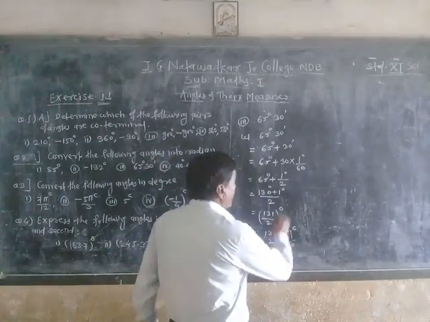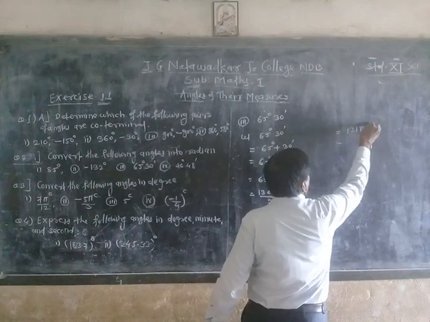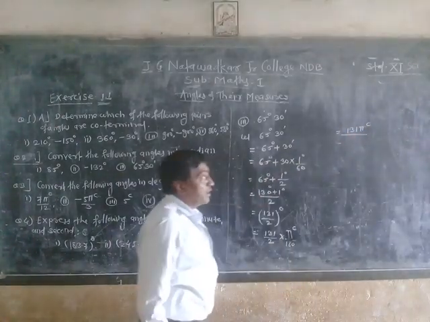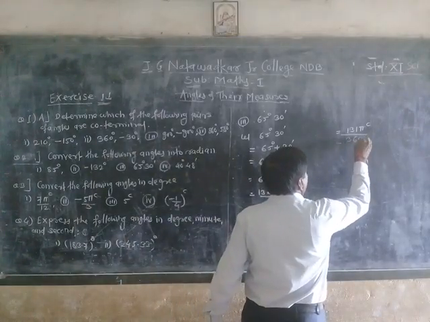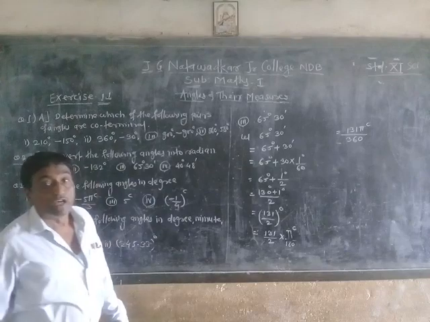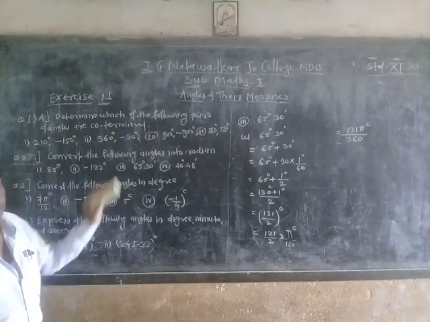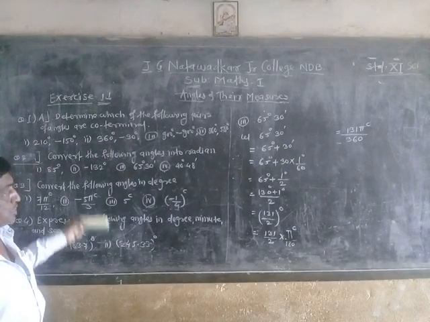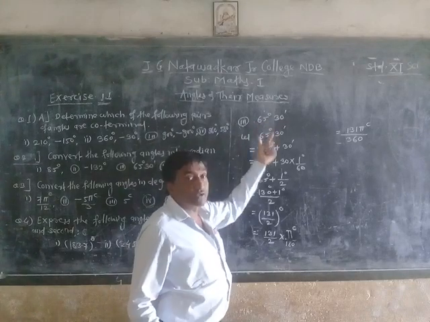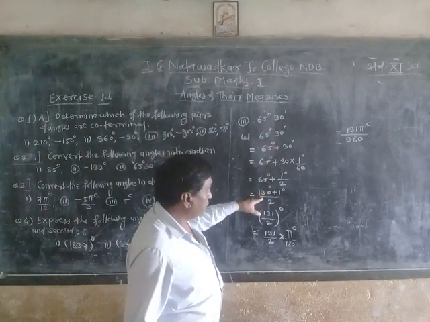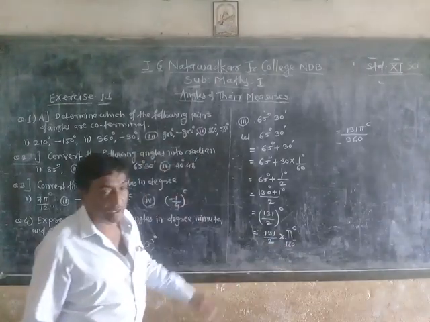So I will directly multiply numerator to numerator and denominator to denominator, so the numerator multiplication will be 131 pi radians upon 360. And therefore this is the radian measure of the given measure. Understood? In the same way, first of all you convert the double units into a single unit, degrees, and the degrees will be converted by multiplying by pi upon 180, so you get the final answer.